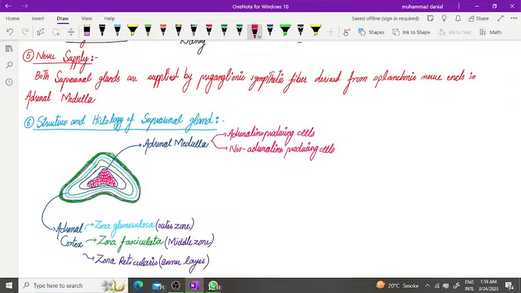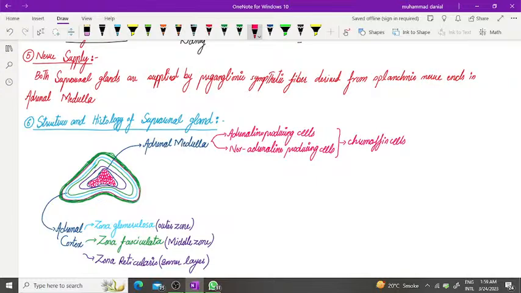Both these types of cells are called chromaffin cells.